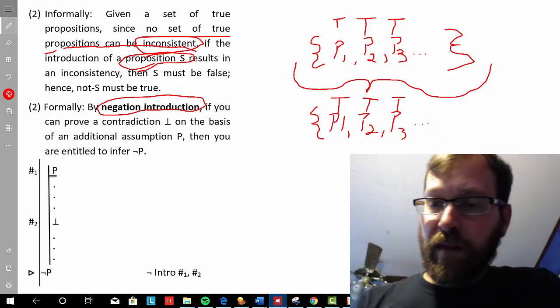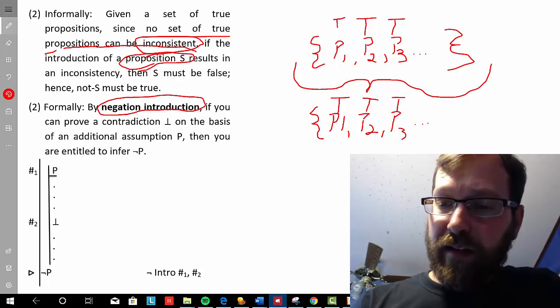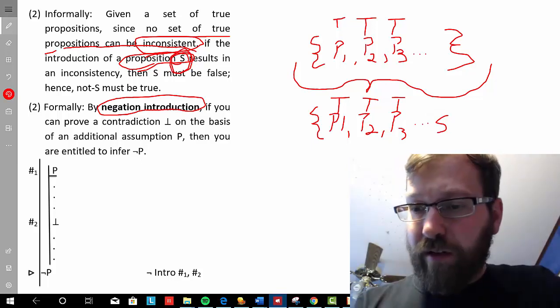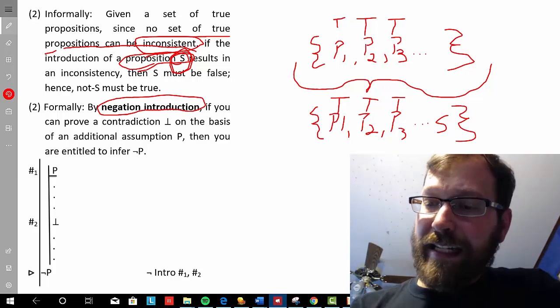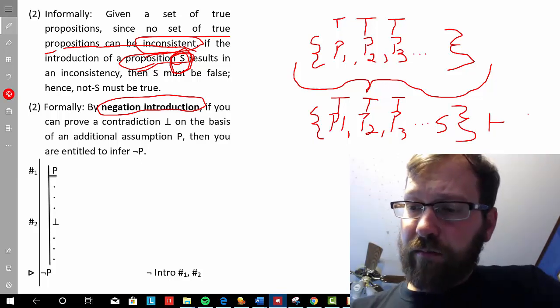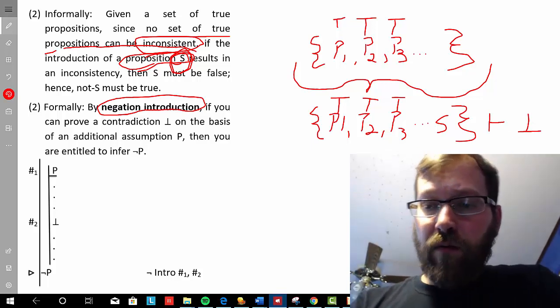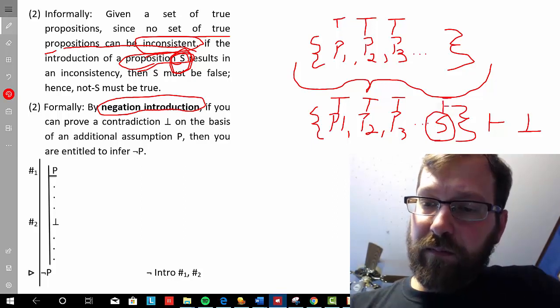And then we add only one other proposition to that set, namely S, the one in question here. And then we find out that it entails a contradiction. Then we know that S has to be false.